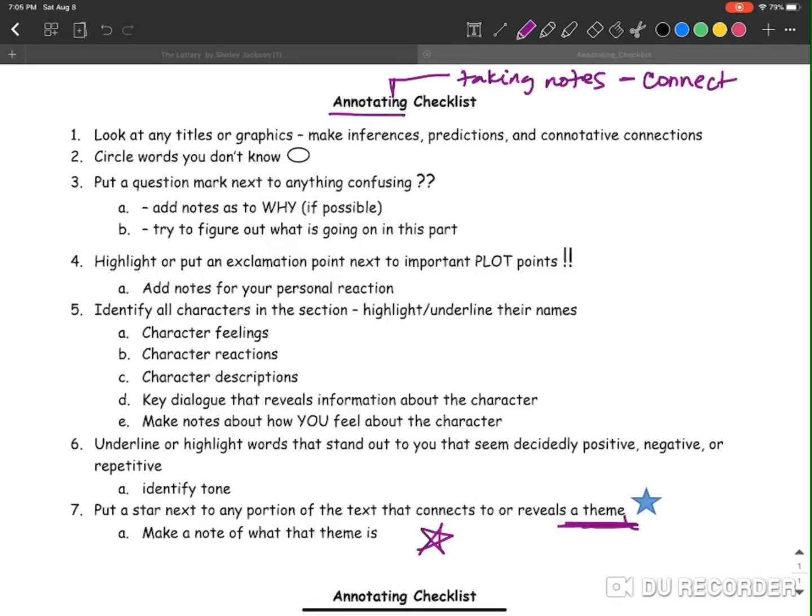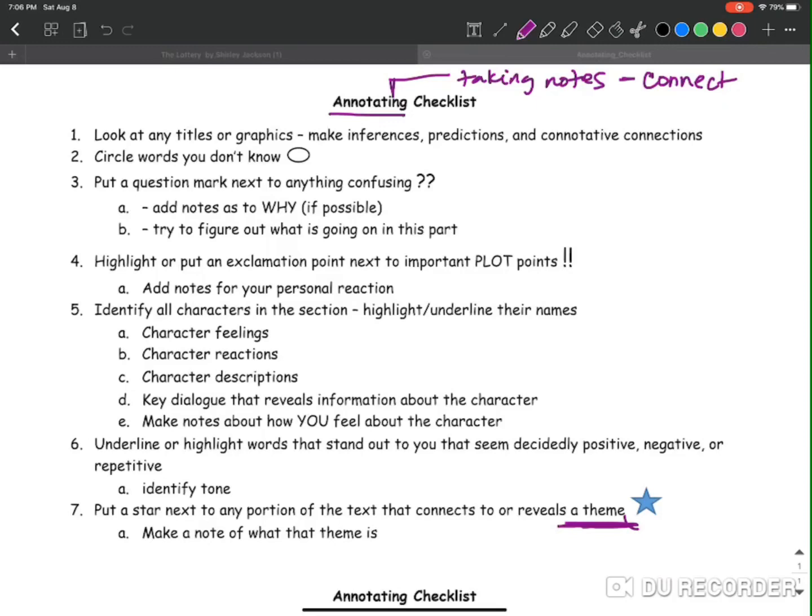But to start with, if you think it has potential, you want to put a star around it, and connect it in that way, or out next to it in the margins. Essentially that's where we're going to take most of our notes: in the margins. The majority of our notes will be highlighting or writing stuff to ourselves.